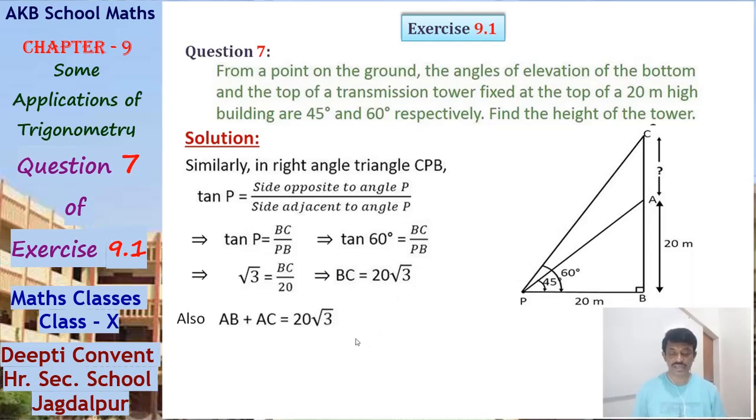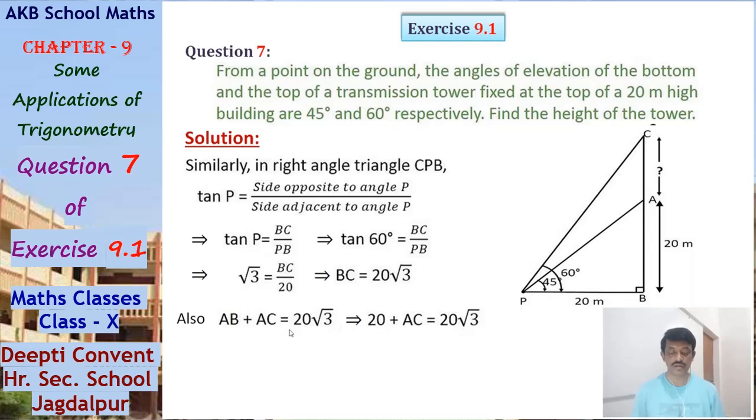Because AB plus AC equals BC, in place of BC we put AB plus AC equals 20 root 3.